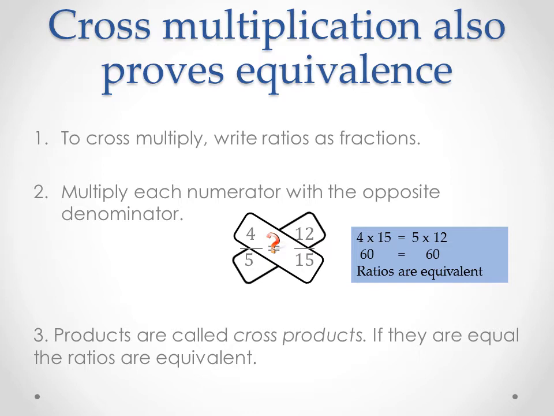One is 4 to 5 and the other is 12 to 15. I've drawn boxes around what would be multiplied. So 4 times 15, and we want to know if that's equivalent to 5 times 12. When you multiply both of those, you get 60 and 60.